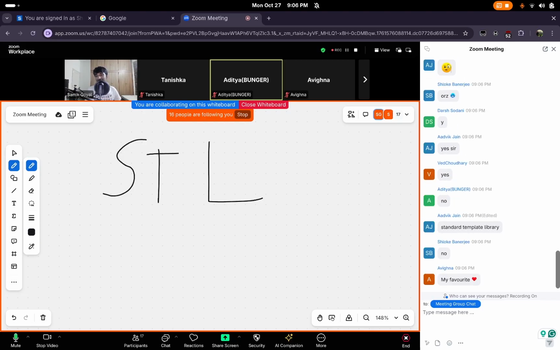It's basically the built-in stuff in C++. It's a bunch of built-in tools and functions that you can use. For example, you probably know cout, cin.